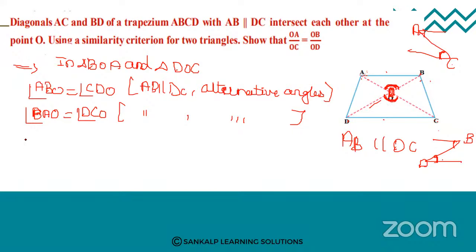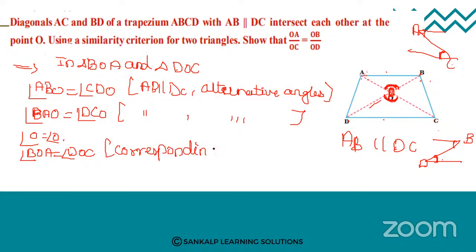So angle O is equal to angle O, or you can write it as BOA is equal to DOC, corresponding angle. So corresponding angles are also equal. Now see, B and D are equal, A and C are equal, and O are equal. That means here three angles are going to be equal.